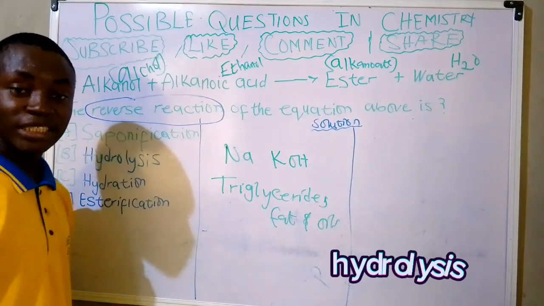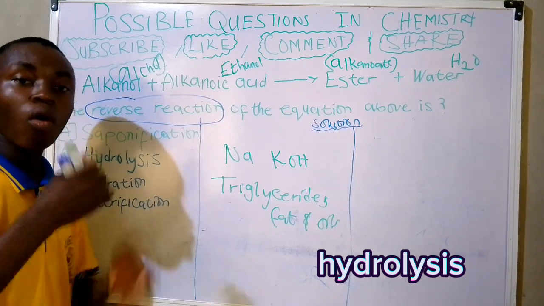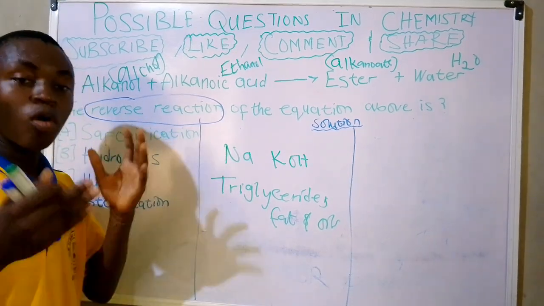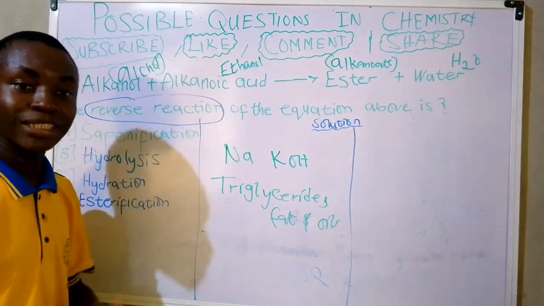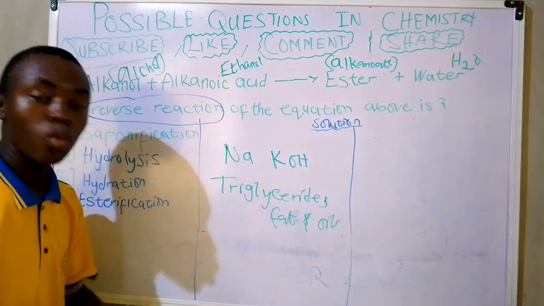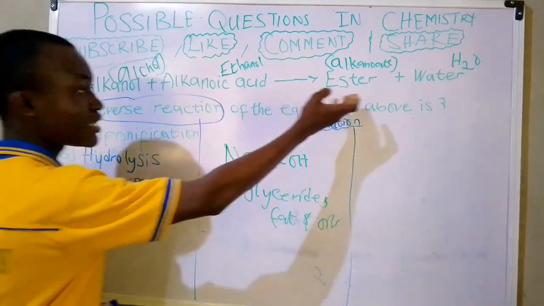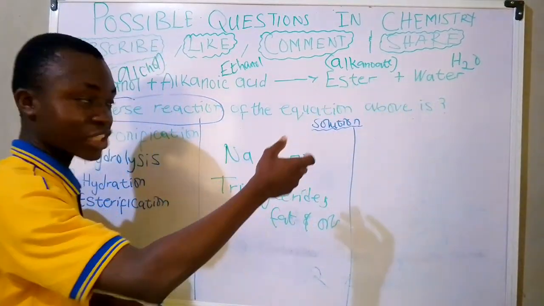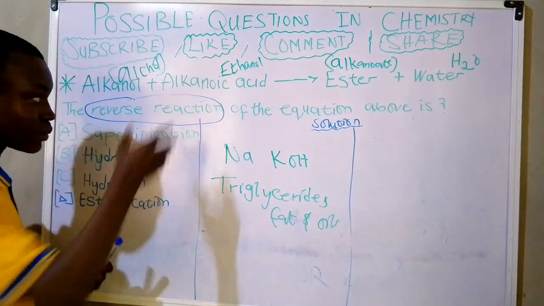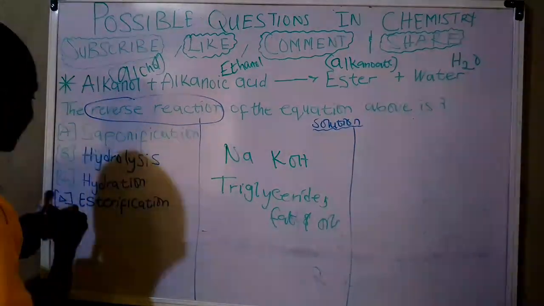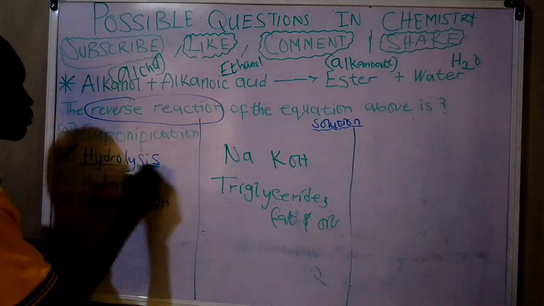Now hydrolysis is simply the chemical breakdown of a substance due to reaction with water. You can see this also involves the reaction of water. So for this particular question, hydrolysis is simply the answer.